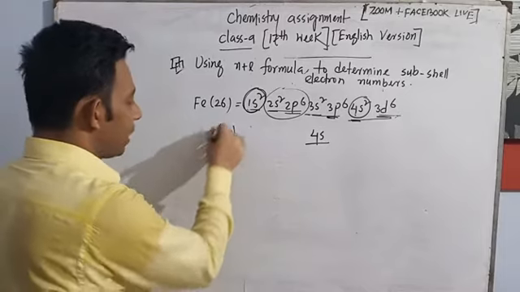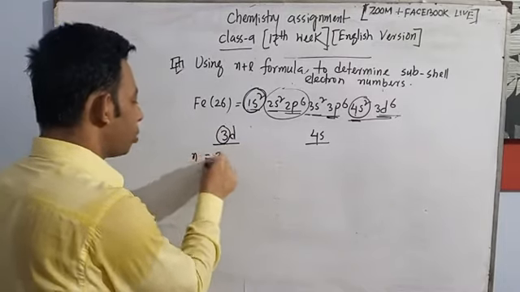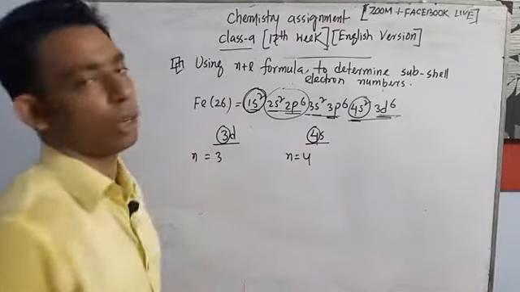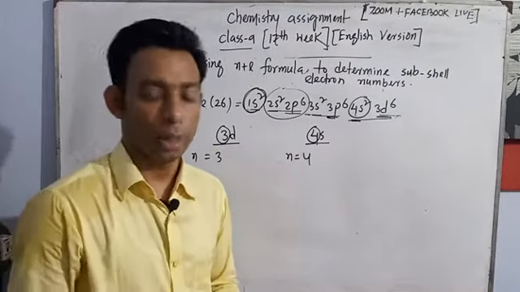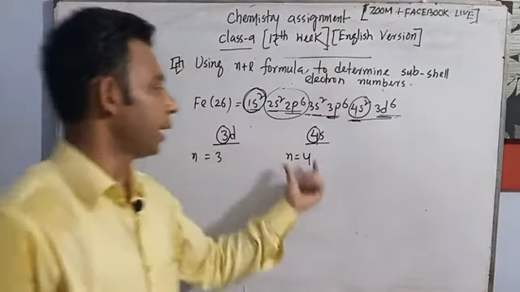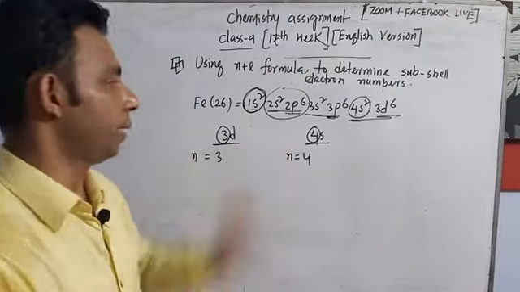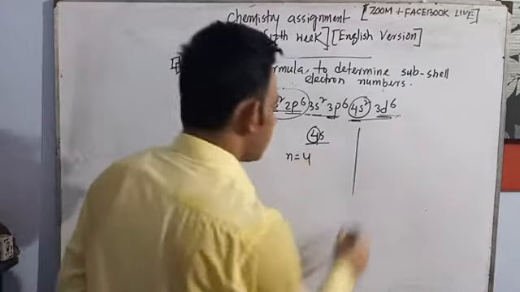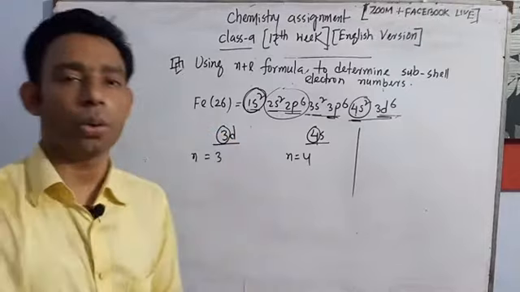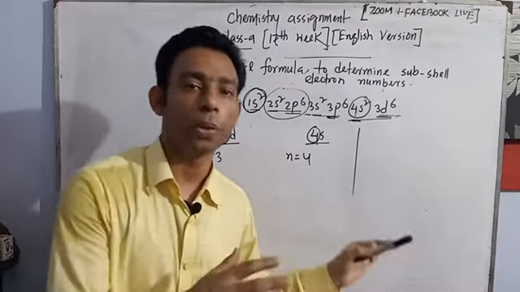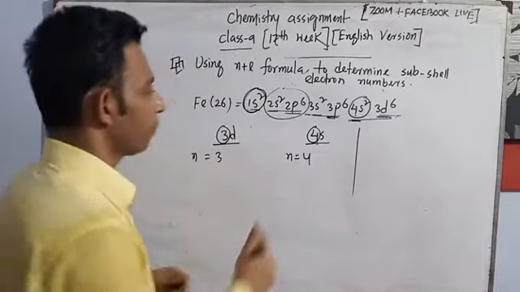3 is the principal quantum number, n equal to 3, n equal to 4. The number of the shell is accordingly the principal quantum number, here n equal to 3 and n equal to 4. Listen, very interesting: n is the principal quantum number, but for the subshell we will go through everything by following the instruction and formula.